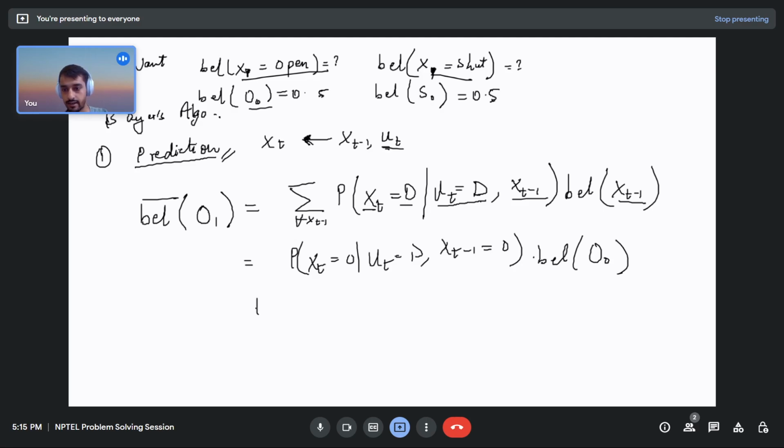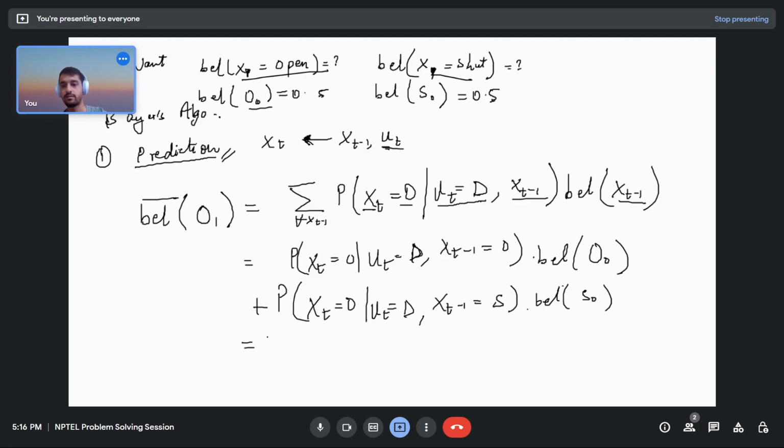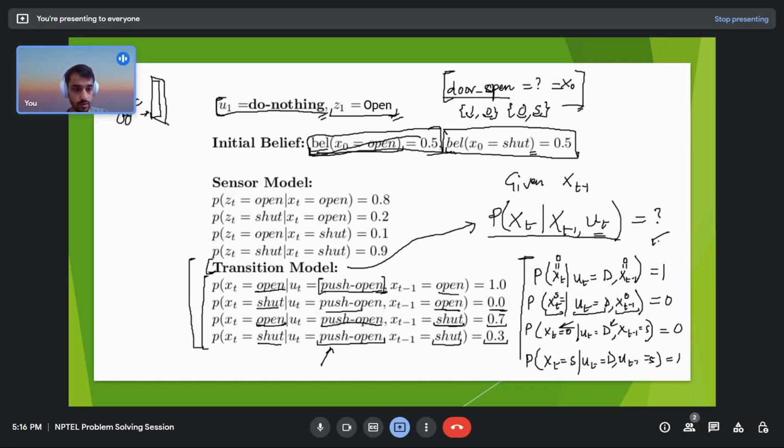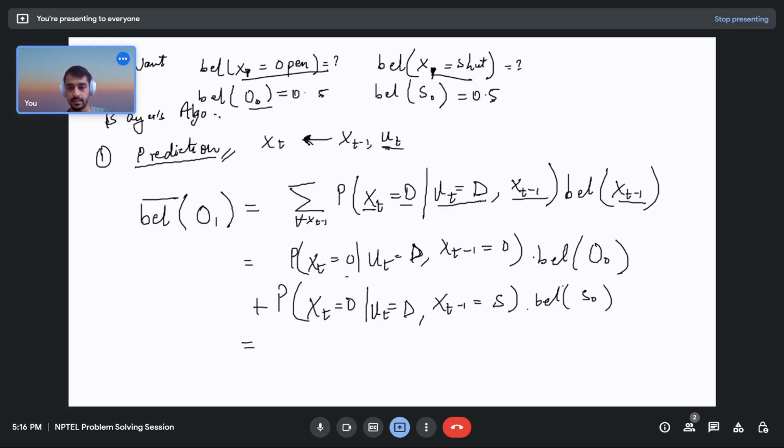And the second possible state is that previously it was shut. This is not P, this is D, denoting that we are doing nothing, so probability that it is open given nothing done and previously shut, times the previous belief that it was shut. What will it come out to be? From our do-nothing transition model, this term is 1 and this term is 0.